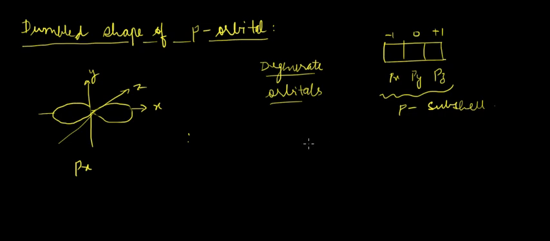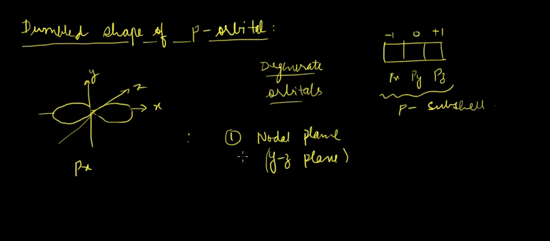One nodal plane, which is yz plane, because the electron density across the yz plane would be 0.